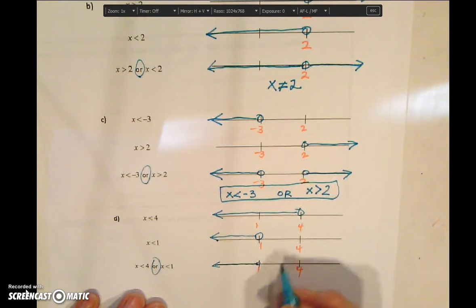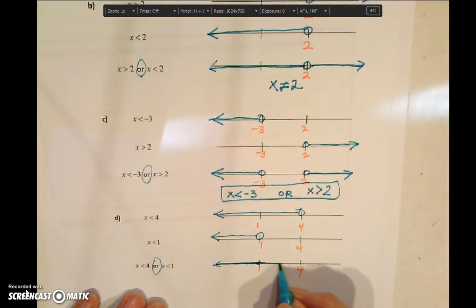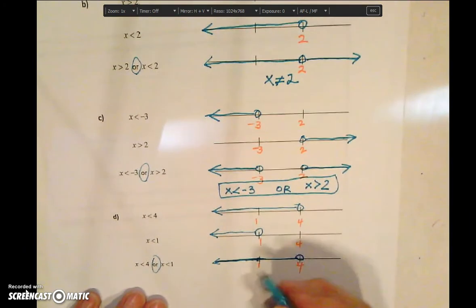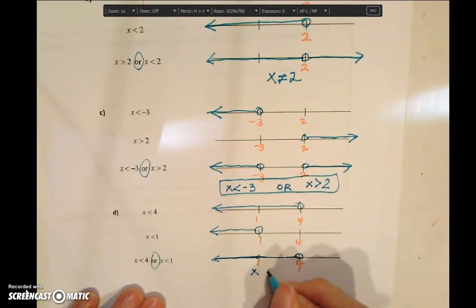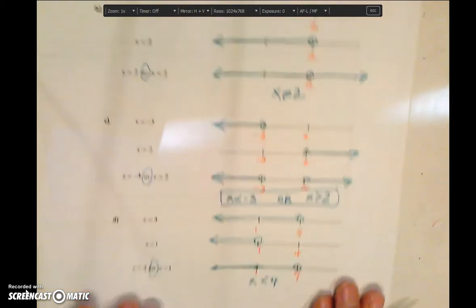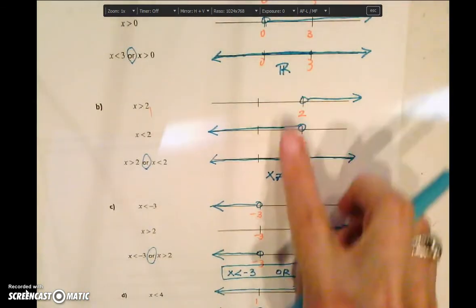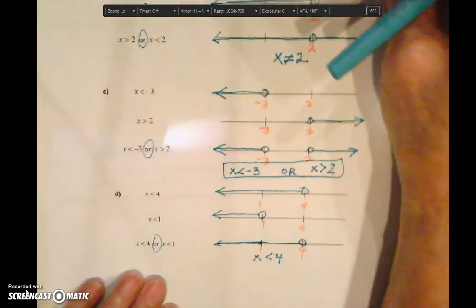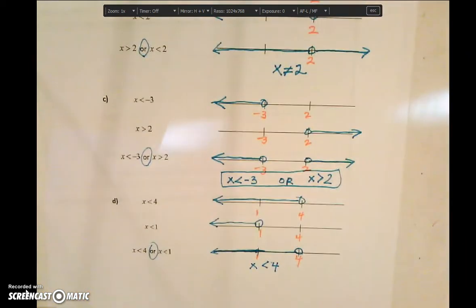There's going to be an open dot right there. But when I lay this one on top of it, it covers that dot up. And it ends up looking like this. So combining these two, I end up with this. And when I describe it algebraically, I get x is less than 4. I want you to observe there's a lot of different things that happen. You can't really predict it without just thinking what the meaning of the word or is.